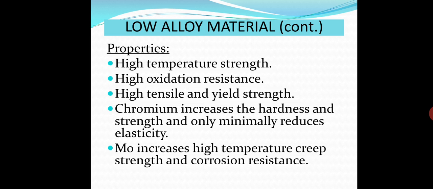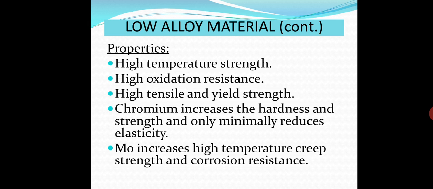The properties are high temperature strength, which is the major property for which these materials are used in thermal power plants, high oxidation resistance, and high tensile and yield strength. Chromium increases the hardness and strength and minimally reduces elasticity. Molybdenum increases high temperature creep strength and corrosion resistance.